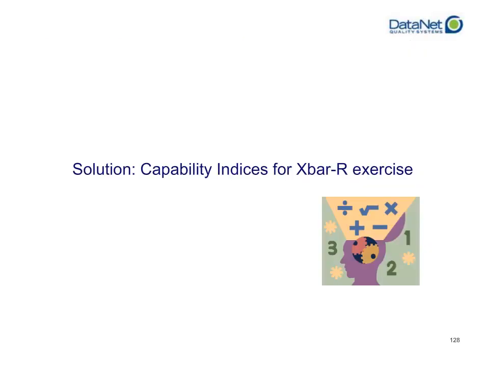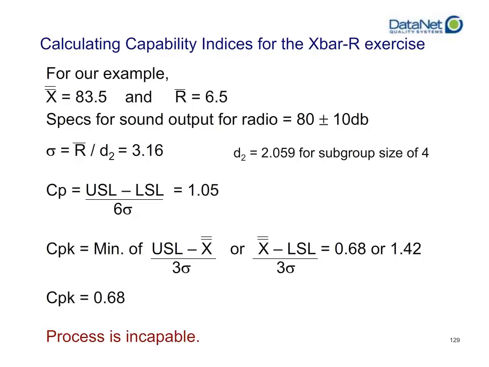And here's the solution. We see that the sigma value, the standard deviation, is 3.16. Our CP value is 1.05. Our CPK is the minimum between 0.68 and 1.42.